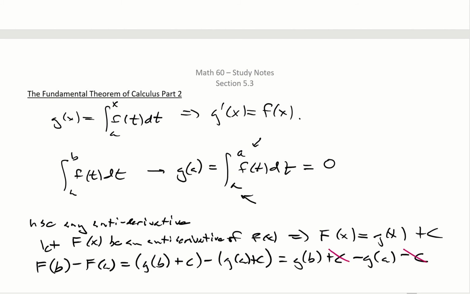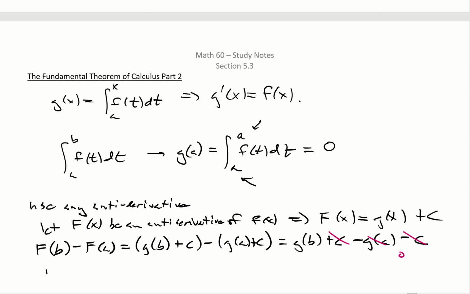Bye-bye c. And you know what? g of a is 0, isn't it? So what we're left with is the following fact: if I take an antiderivative and I compute F of b, and then I subtract from it F of a, all I'm left with is g of b. By definition, what's g of b? g of b is the integral from a to b of your function f of x dx, okay?